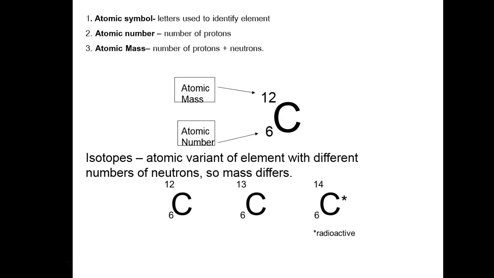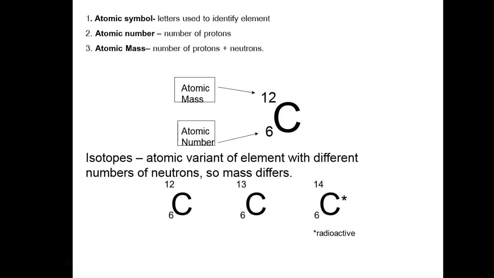And then the atomic mass. Remember, the atomic mass is the sum total of protons and neutrons, and they tend to be the same unless we're talking about isotopes. So atomic mass would be double that atomic number, because it's the protons and neutrons together, so it's 12.